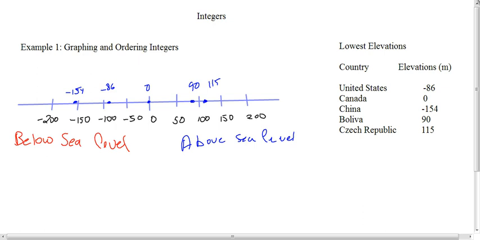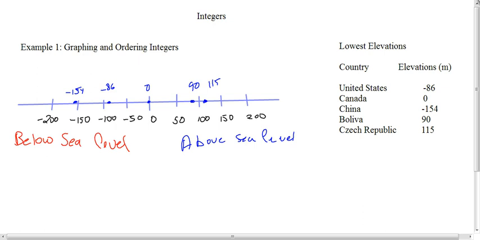Then let's go on a little bit further and talk about some geography. Negative means below sea level. So China is 154, let's make it meters. It won't say miles. We'll say meters, because it's just not telling us exactly what it is.